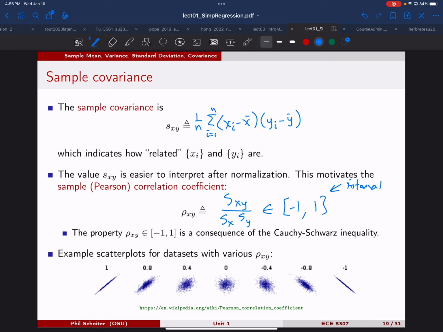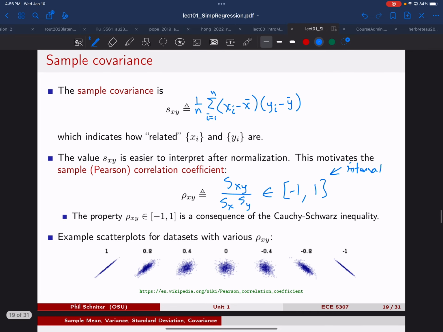And let me give you some pictures of scatter plots. So when you have a scatter plot like this, if those points are perfectly on a line, that means the data is perfectly correlated, and this rho xy would give you a value of 1 if all the points were perfectly on a line.